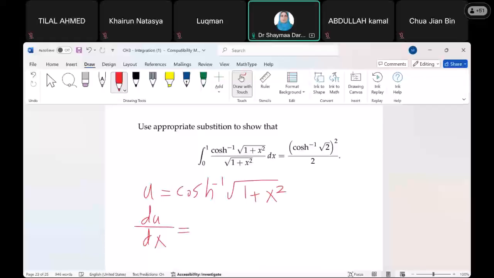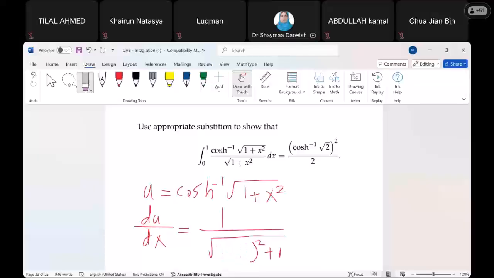The derivative of cosh inverse, because this is a chain rule, is 1 over the square root of x squared minus 1, but here I don't have x, I have square root 1 plus x squared, multiplied by the derivative of square root 1 plus x squared.